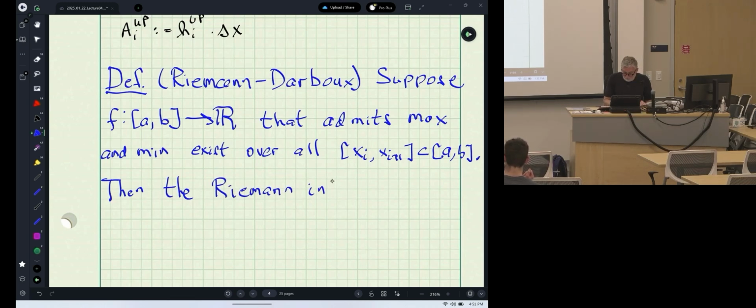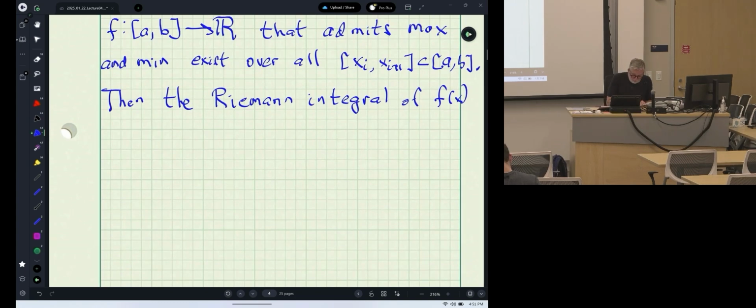Then the Riemann integral, yep, Darboux gets dropped. It's kind of sad. The Riemann integral of f of x is the integral of f of x dx, and the a and b go on the side, so that's the integral sign.